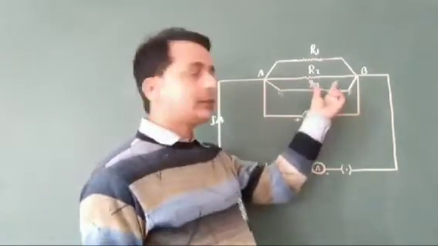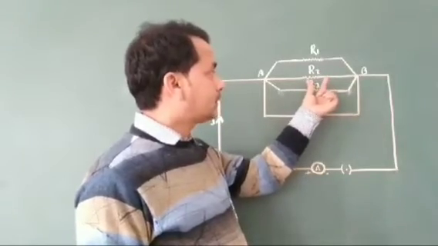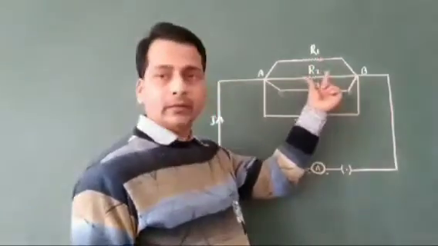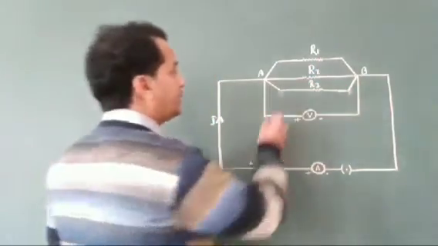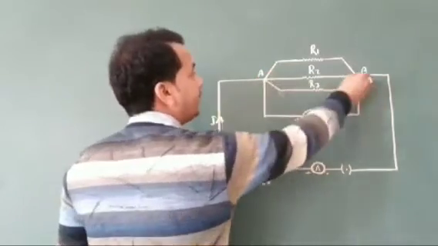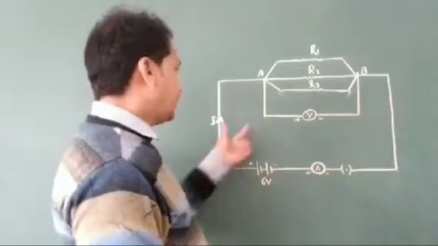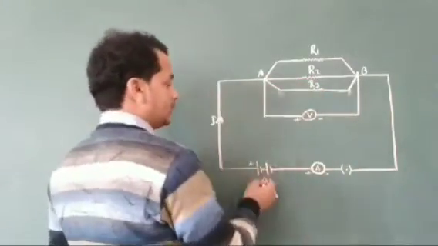The three resistors are in parallel combination, because the three resistors join at points A and B, and here the electric currents in the three resistors are different.